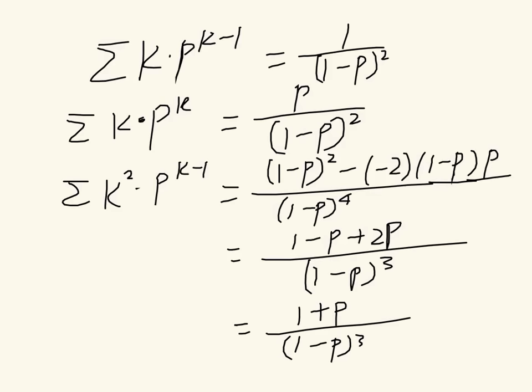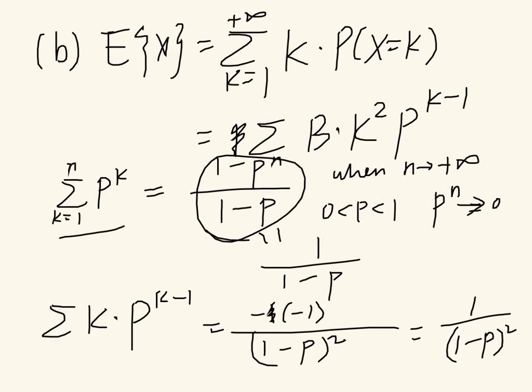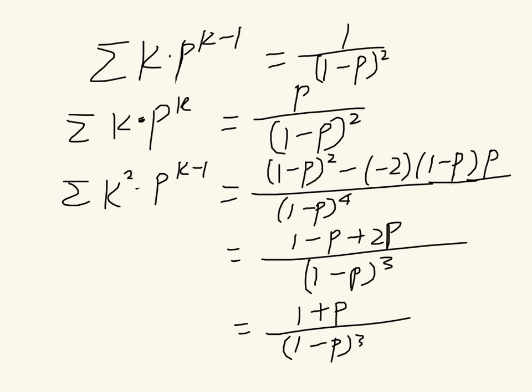And now we need to find this term. Here we have this term, that we need to multiply by b. After multiplying by b, it equals the sum of b times k squared times p to the power k minus 1.